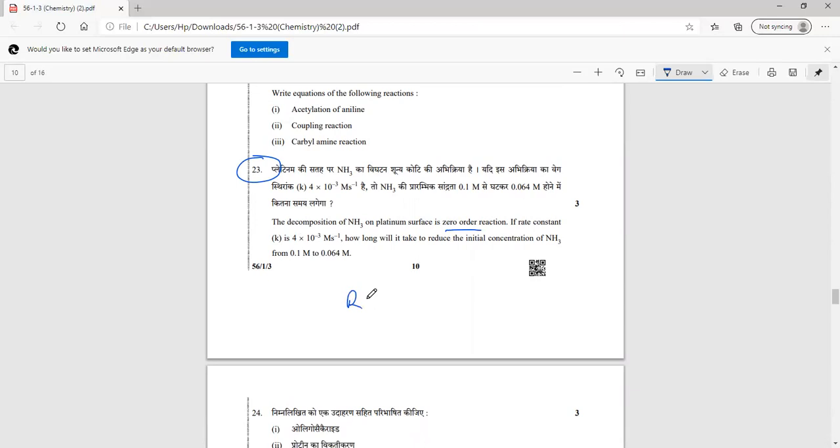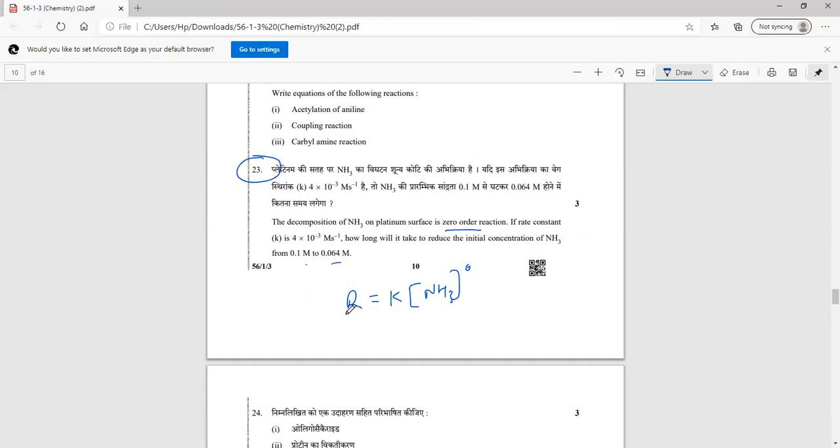That means rate is equal to K, NH3 to the power 0. If the rate constant is this much, how long will it take to reduce the initial concentration of NH3 from this value to this value?